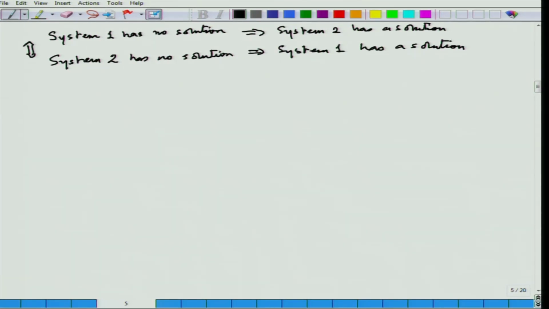If this is what I have to prove, I just have to prove any one of them. I will prove the first one. So, let me assume that system 1 has no solution.